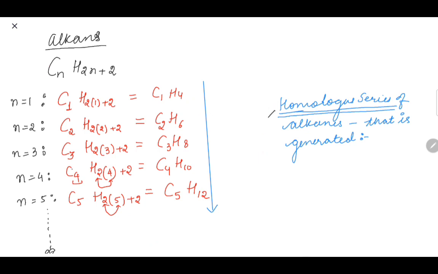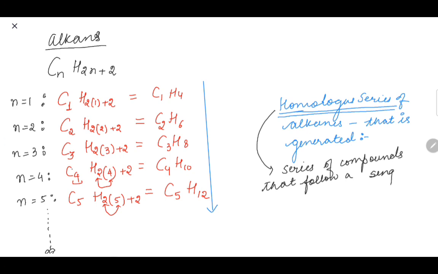A homologous series is a series of compounds that follow a single general formula.